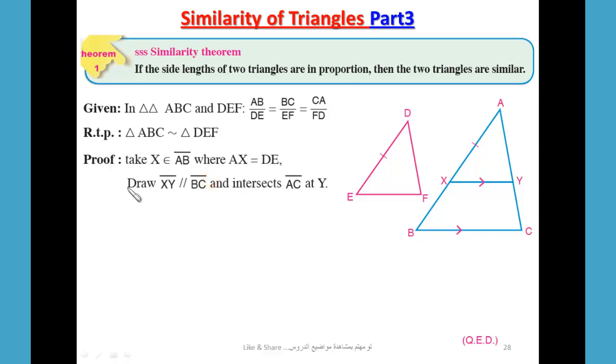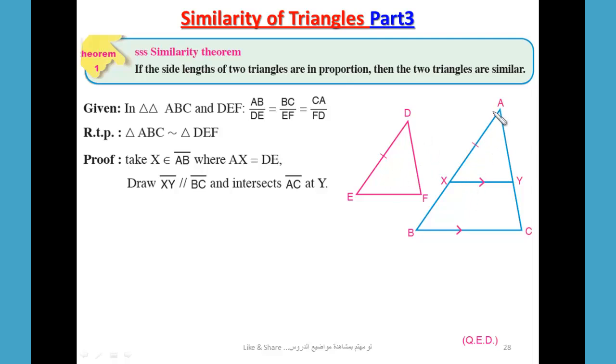To prove that, we take X belonging to AB. We take the point X here on line segment AB such that AX equals DE.